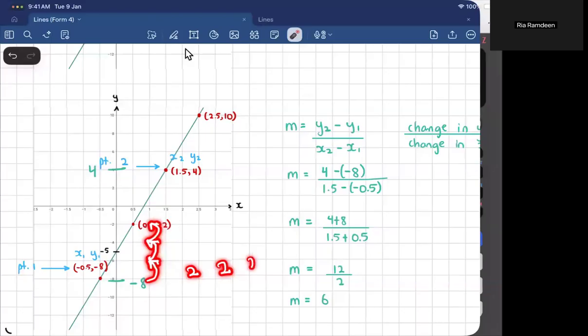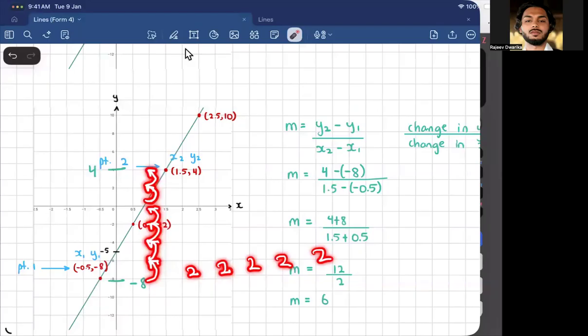Also 2. What is -2 to 0? 2. What is 0 to 2? 2. What is 2 to 4? 2. So can you tell me what the change from -8 to 4 is?